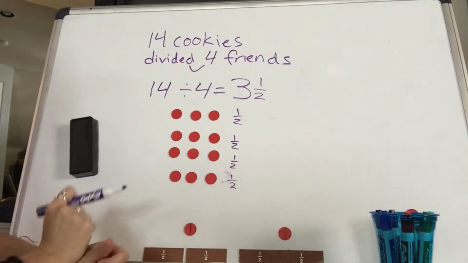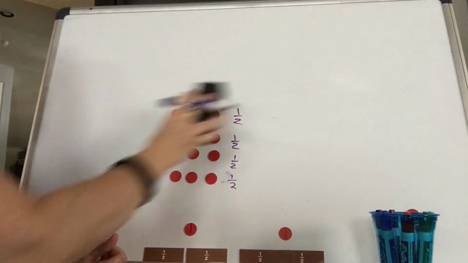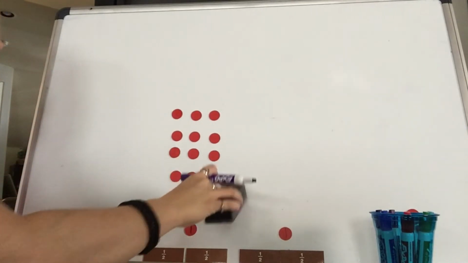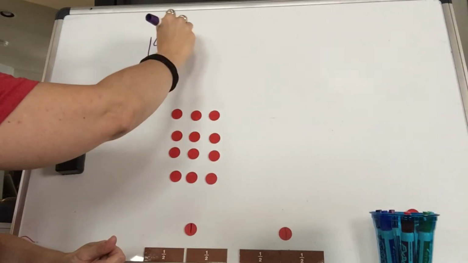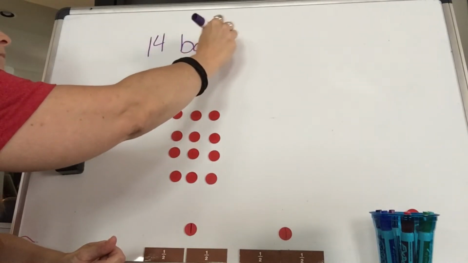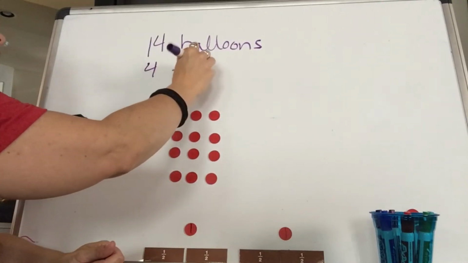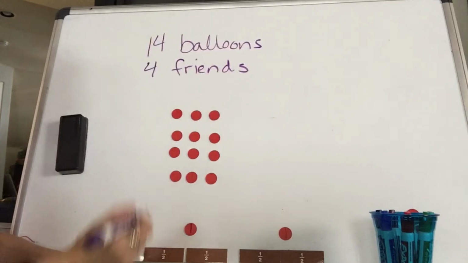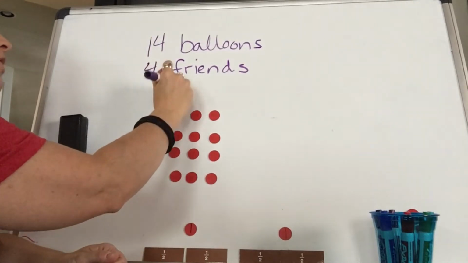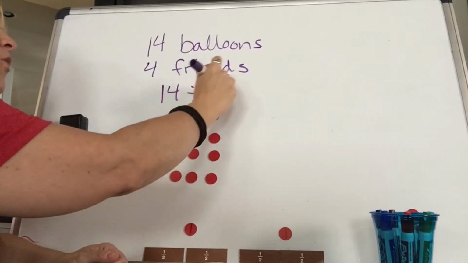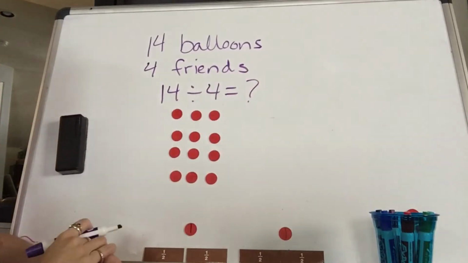But let's try this same scenario. Let's try this same idea, but let's try it with balloons. I have 14 balloons and I have 4 friends, and I want to give those friends each the same amount of balloons. My equation again is 14 divided by 4 equals what?